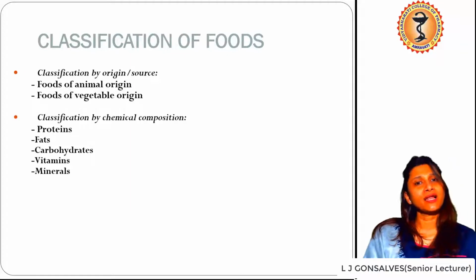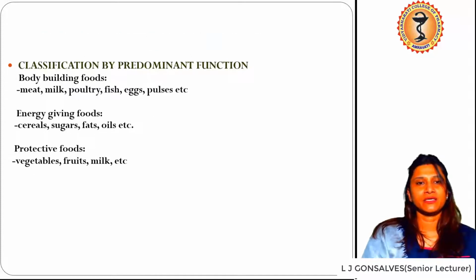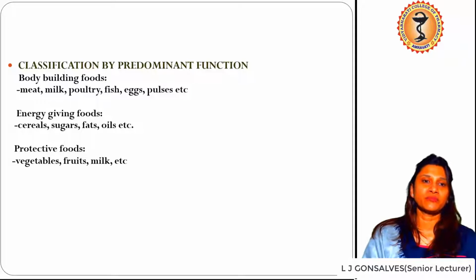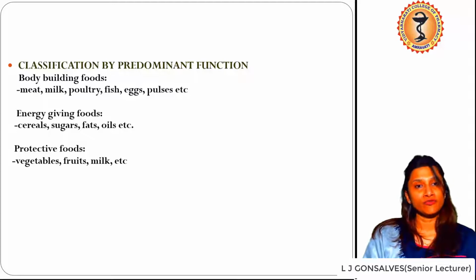The second class, that is classification by chemical composition, includes proteins, fats, carbohydrates, vitamins, and minerals. The third class is predominant functions. This class is again subclassified into three classes, that is bodybuilding foods, energy giving foods, or you can say energy yielding foods, and protective foods.